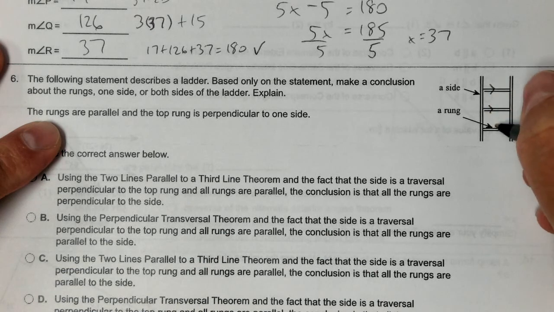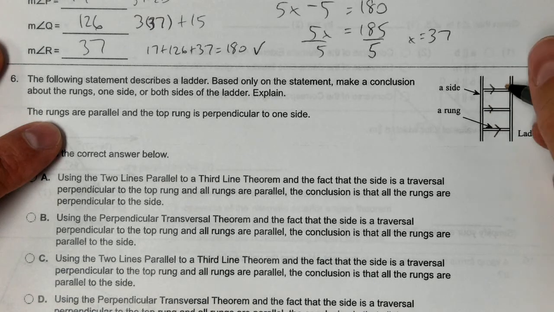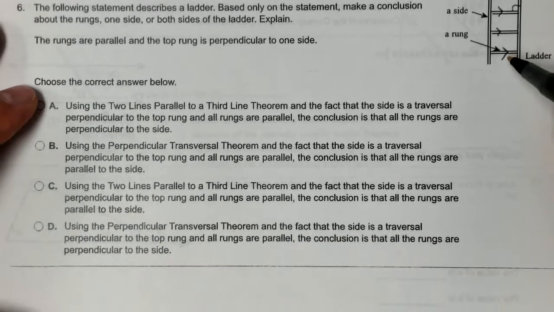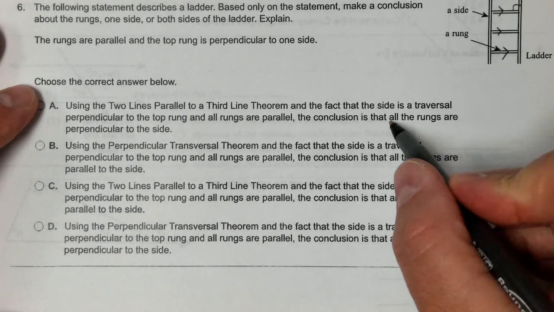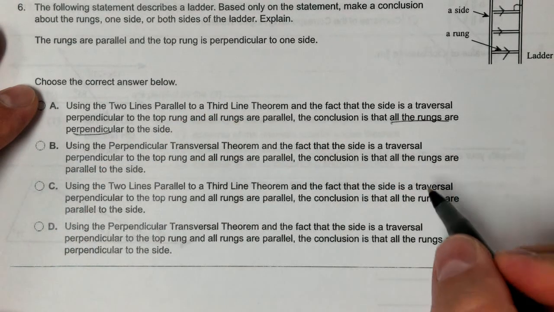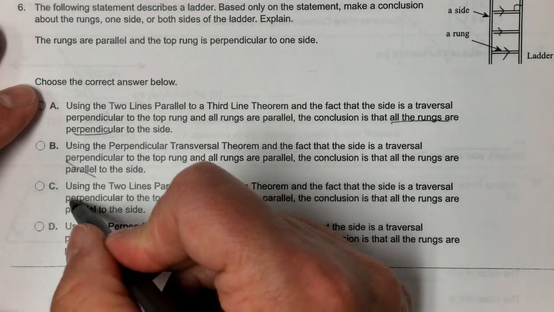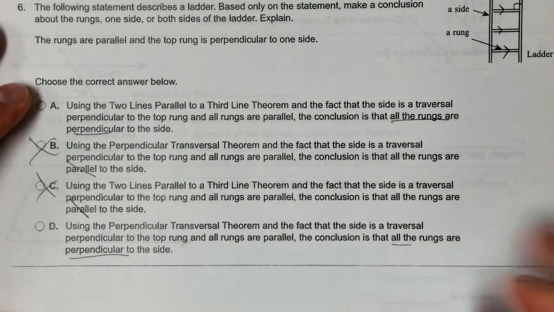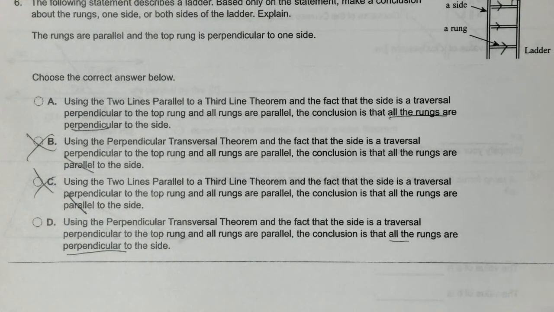So if your rungs are parallel, and the top one's perpendicular to the side, then all of them are going to be perpendicular. So this says all are perpendicular, this says all are parallel for these two, and this says all are perpendicular. So at this point, we know it's either A or D.